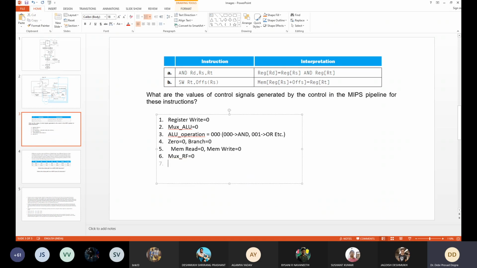So register write equals 1, so that the value goes to the register. So this can be one way of writing. Now probably I have not written these signals in the right order.